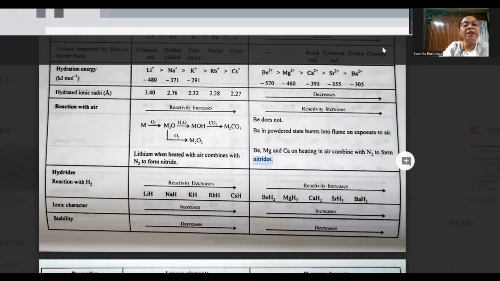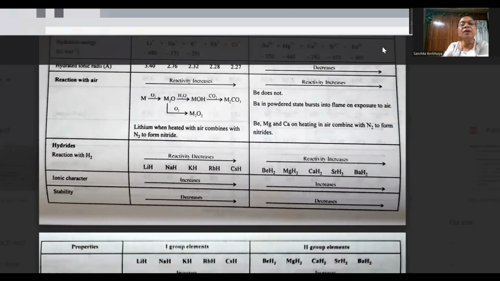Reactivity in air increases from lithium to cesium. If you give it air, it will get oxidized to the oxide. If it is then dropped in water, it will form the respective hydroxide. And if the hydroxide is exposed to carbon dioxide, it will form the metal carbonate.